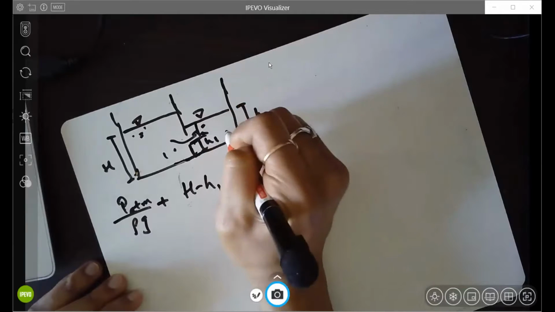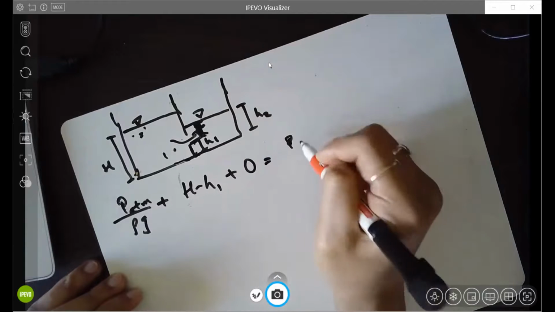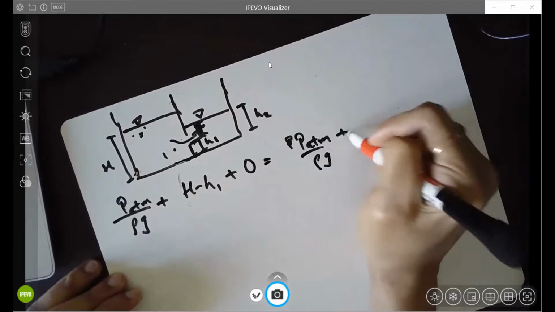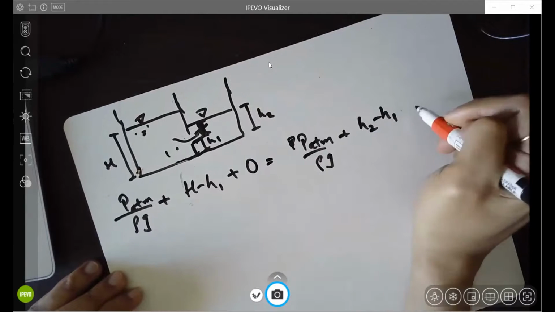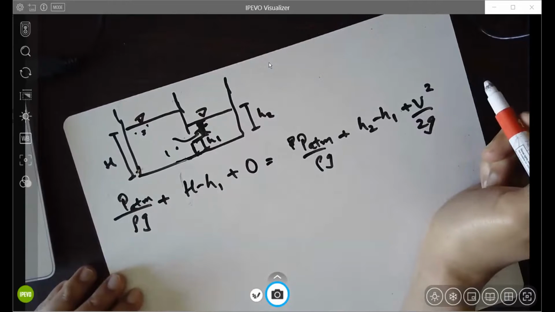See, it's not open to the atmosphere, there's a liquid column out here. So the atmosphere by rho g plus h2 minus h1 plus v square by 2g.